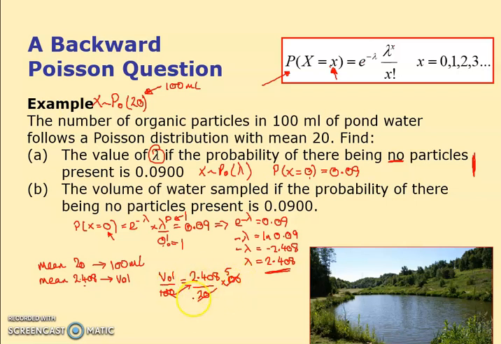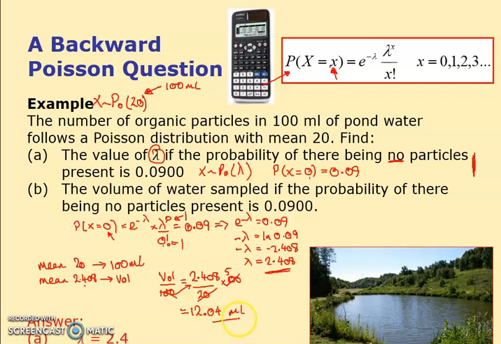Now I've got a smaller mean, so what's my amount of volume? If you do 5 times 2.4, that is 12, so it must be 12 point something. 2.408 times 5 is 12.04. So that's how much water in my sample I think I must have. What are my answers? Oh, it's gone off the bottom of the screen here. So 2.4 is right, and this is right as well.